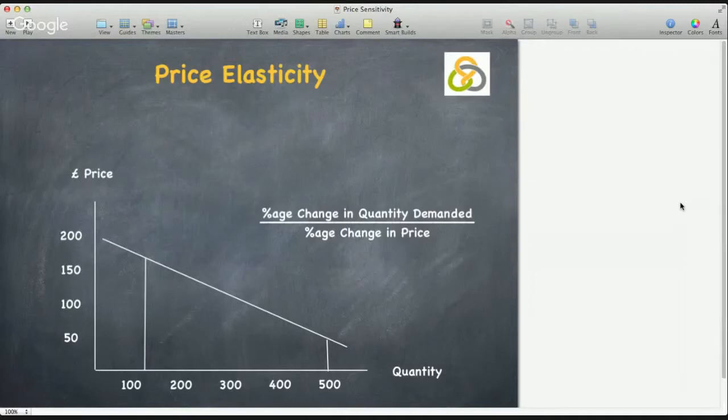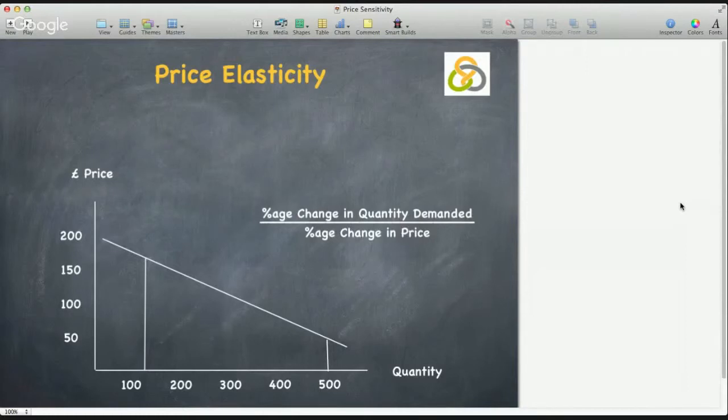So let's look at an example. Say that a clothing company raises the price of its coats from £100 to £120. The price increase is 20%. Now let's say that the increase causes a decrease in quantity sold from 1,000 to 900. That's a 10% decrease.